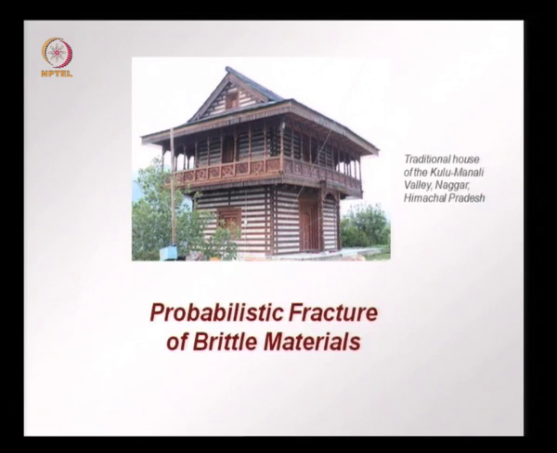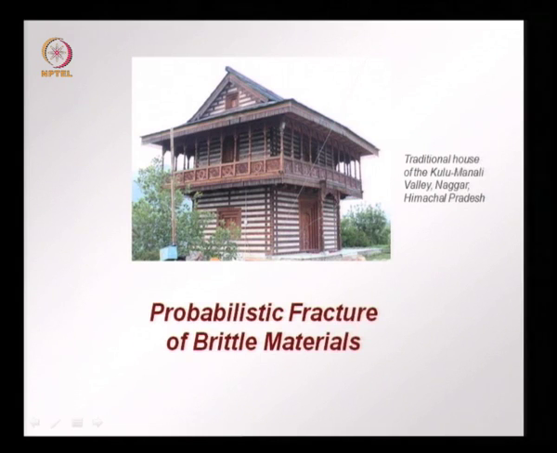Now we will go on to probabilistic fracture of brittle materials, and for the transition I have included this photograph of a traditional house in the Kulu Manali valley, which has a lot of repetitive elements. It looks like a simple house and it is made out of wood and stone, and we have a lot of repetitive, similar looking elements like these pillars on the balcony, and these walls are all made of blocks of stone.